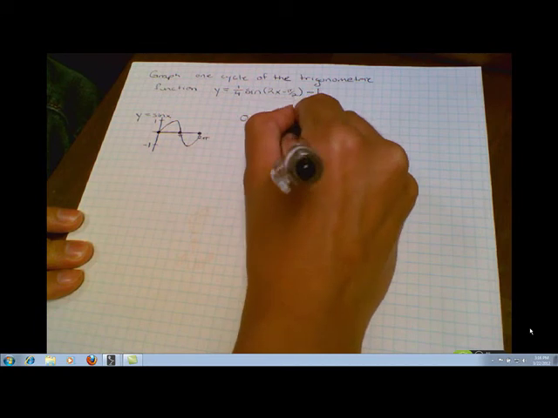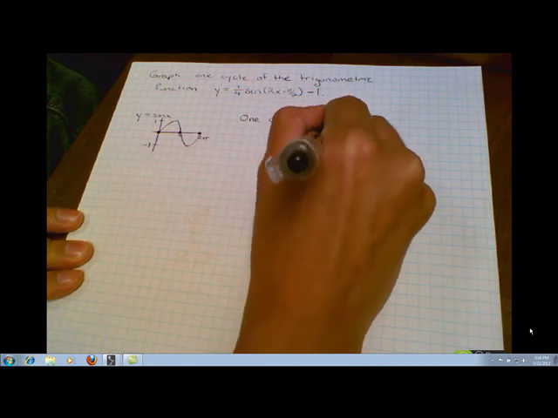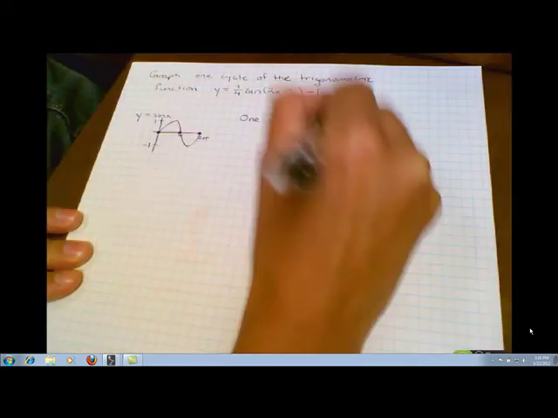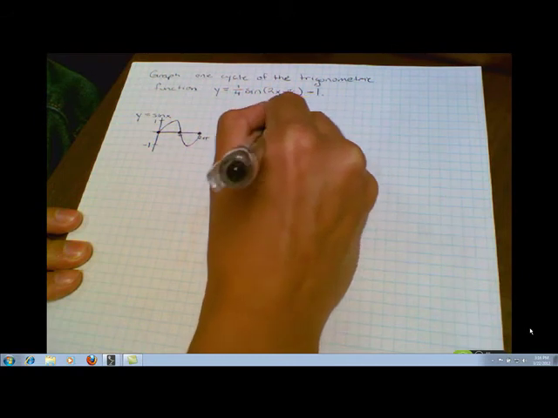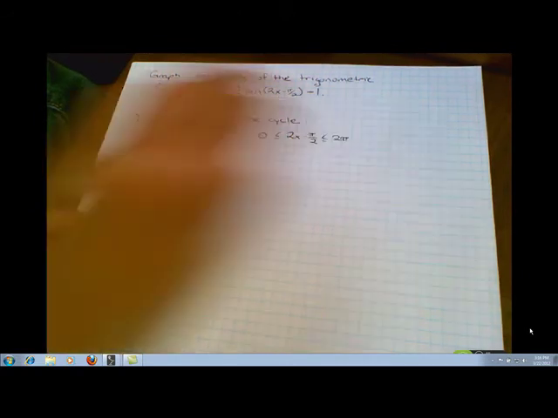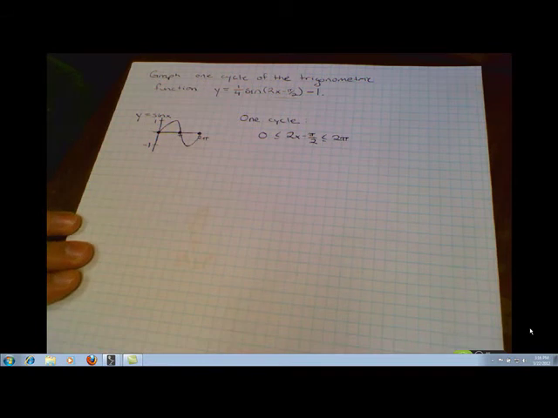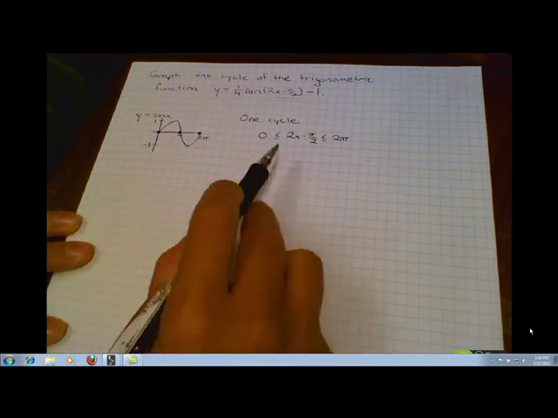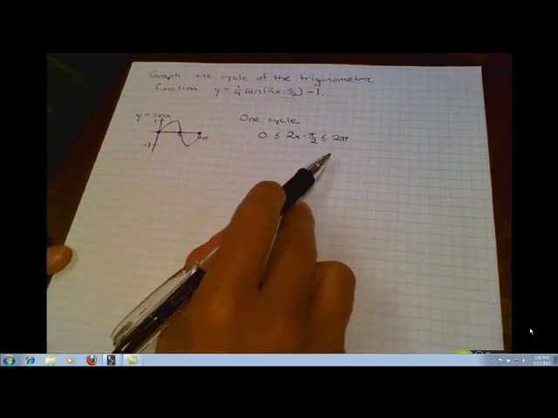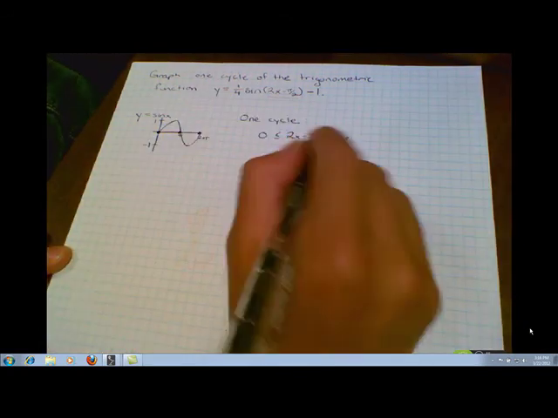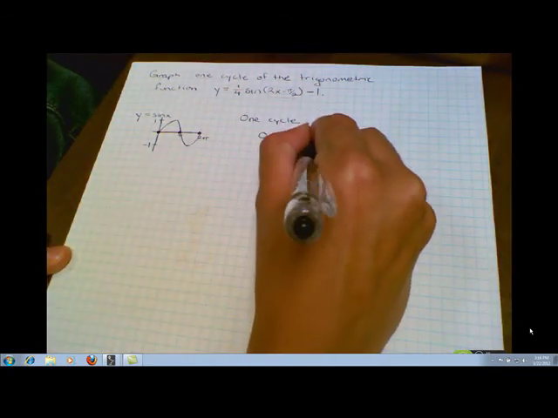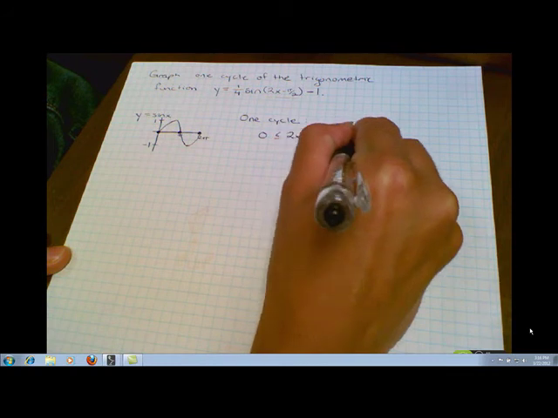So we're going to get one cycle for that graph as the argument inside of sine, 2x minus pi over 2, goes from 0 to 2 pi. So we should start by setting up this inequality. This will give us the starting and ending x values for one cycle of the graph. We want to isolate x to find those values.